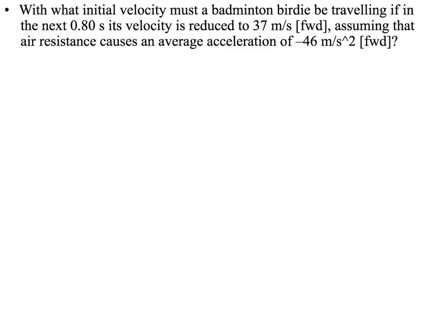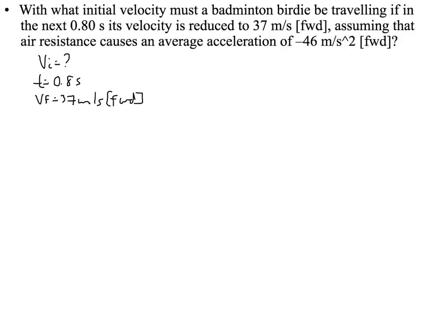With what initial velocity, so our question is asking for VI, must a badminton birdie be traveling if in the next 0.8 seconds, so time equals 0.8 seconds, its velocity is reduced to 37 meters per second. So VF is 37 meters per second forward.